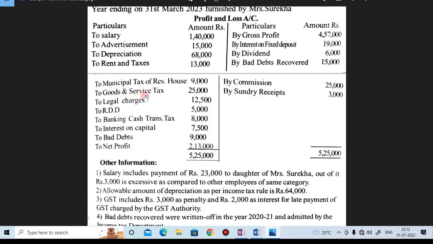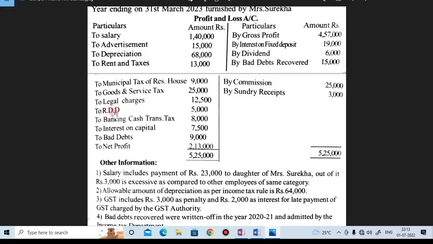Next, after GST, is legal charges. Legal charges are 12,500. Legal charges are related to business expenditure, so we are not taking the legal charges. Next is RDD. RDD stands for reserve for bad and doubtful debt. That is 5,000 rupees.